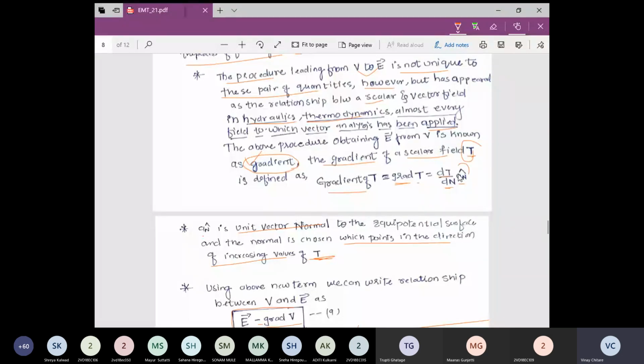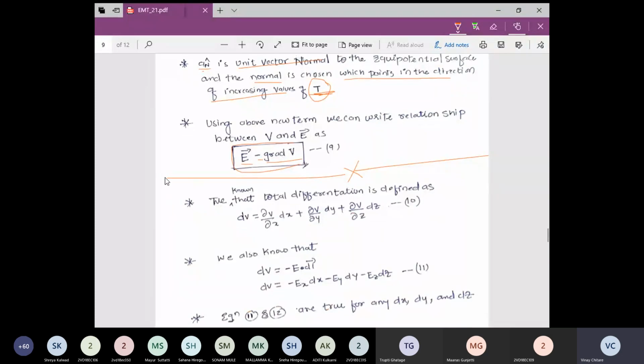Now the question is what is this a_n hat? a_n hat is the unit vector normal to the equipotential surface, and we should choose this normal which points in the direction of increasing scalar field T. This is how it is defined in general.